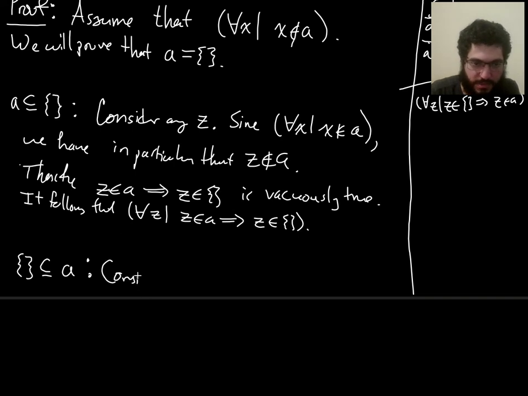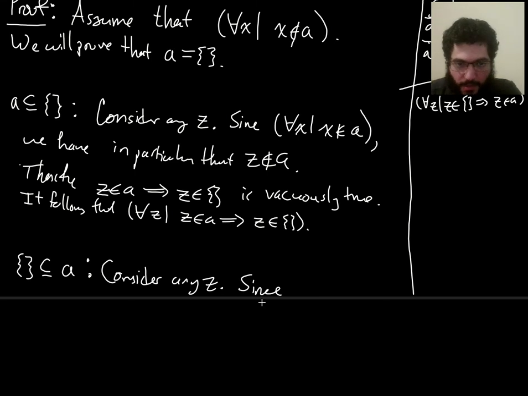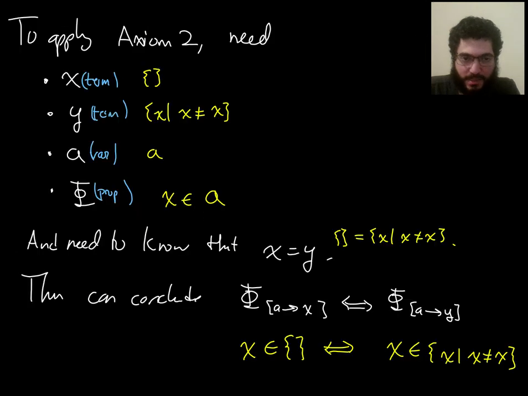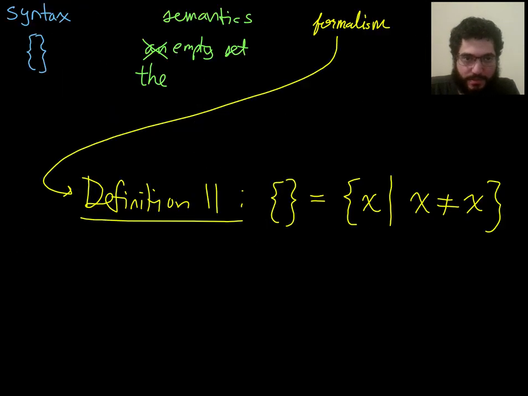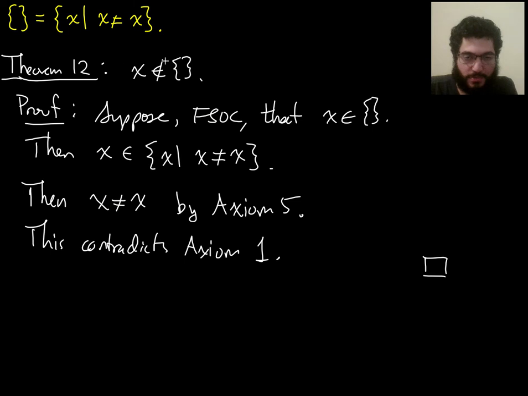Instead, you will see. So consider any z. Now, I want to prove that z in empty set is false, so that the implication becomes vacuously true. This is not going to help me. Instead, what's going to help me is, where is it? Oh, here. Theorem 12. Theorem 12 says nothing is in the empty set.